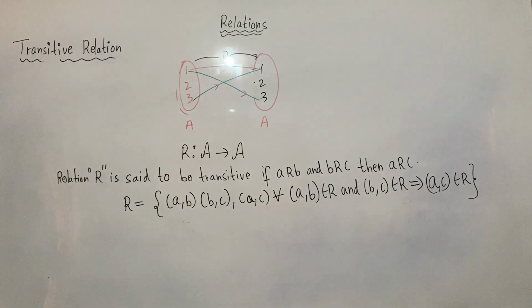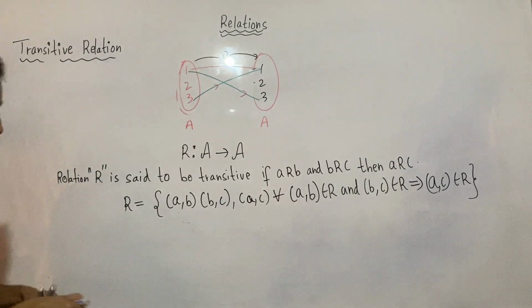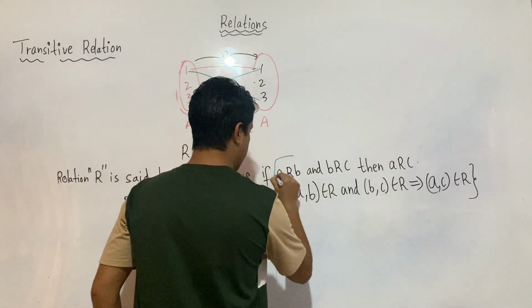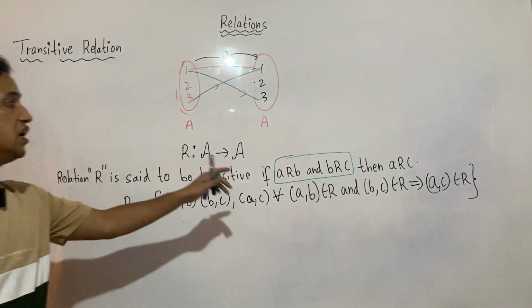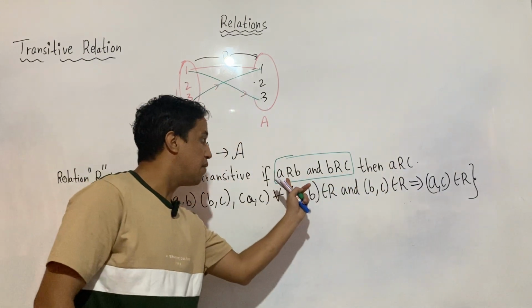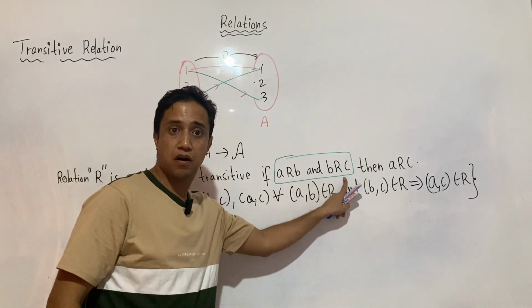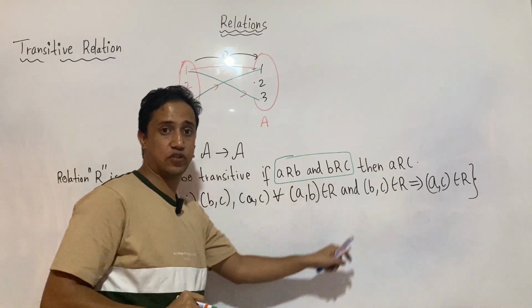Now one thing is very important here: if A is related to B and B is related to C, then this thing will happen only when this and this are possible. Try to understand what I'm trying to say.